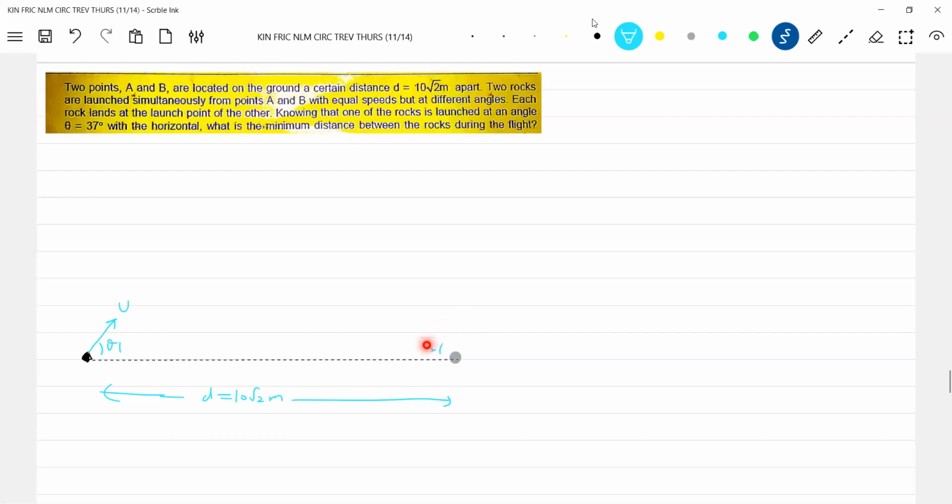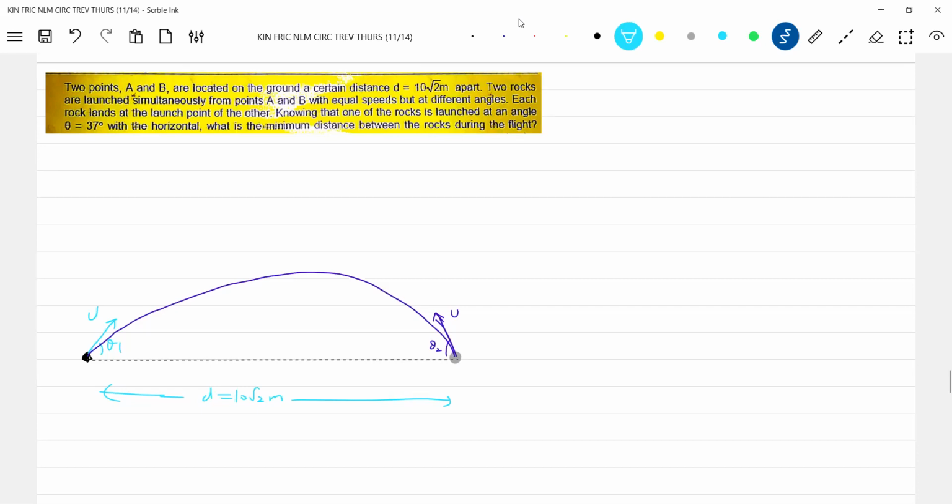So what is the trajectory? The trajectory of this will be like this, taking different angles. I'm trying to give the diagram first, so it will be easy for us.